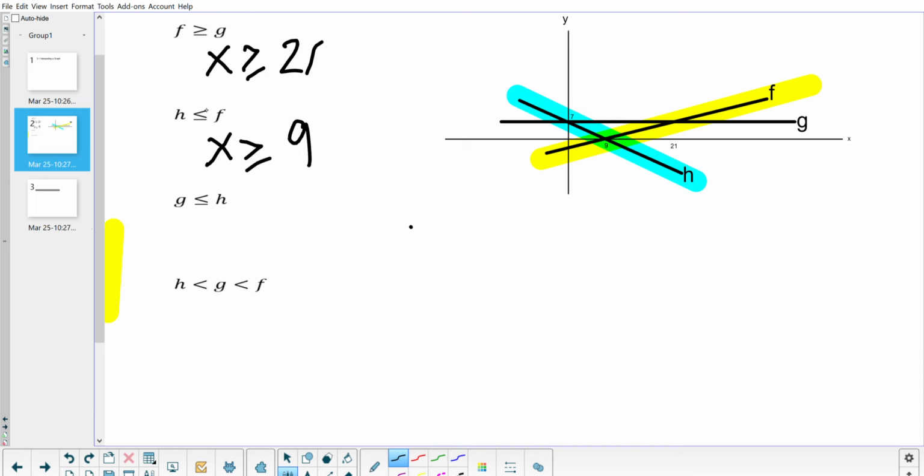Now, if it didn't say when is h less than or equal to f, if it just said less than, your answer would also just be less than. So when x is greater than or equal to 9, h is below f.